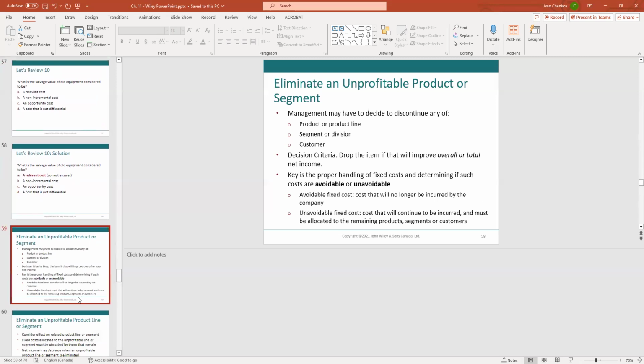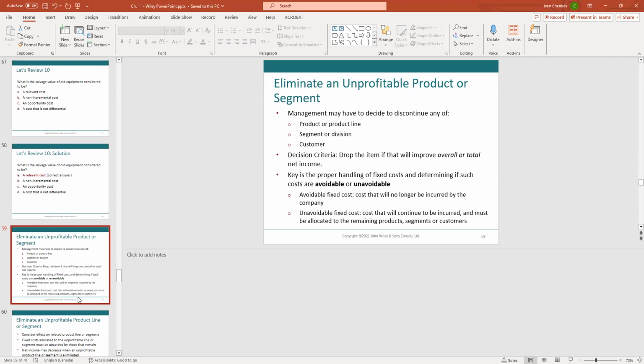Let's go with eliminating unprofitable products or segments. Management may have to decide to discontinue one product, segment, or customer. So what's the decision criteria?